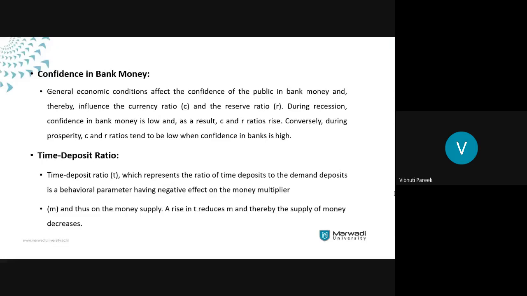Conversely, during prosperity, when these banks are doing wonders, the interest and the trust in these banks is very high. So the currency ratio and the reserve ratio tend to be low, because when the confidence is high, the ratio is low. When the confidence is low, the ratios are high.